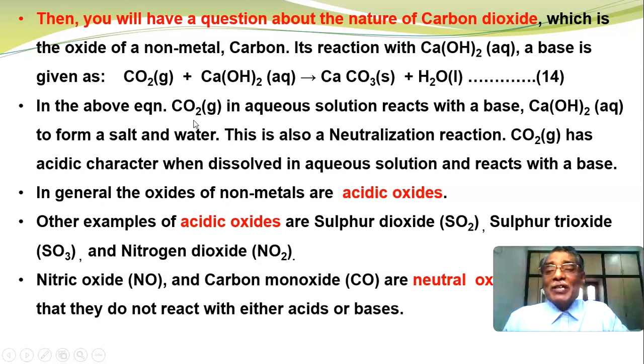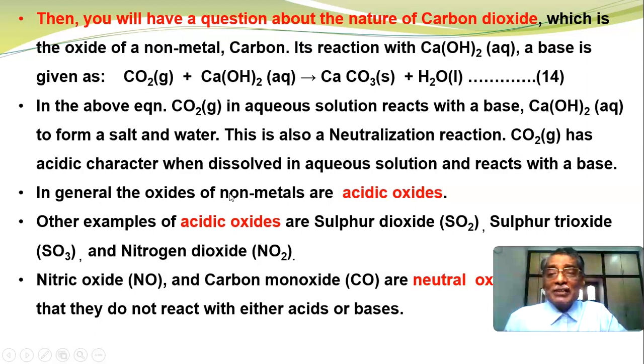In the above equation, CO2 in aqueous solution reacts with a base, Ca(OH)2, to form a salt and water. This is also a neutralization reaction. Here, CO2 has acidic character when dissolved in aqueous solution and reacts with a base.